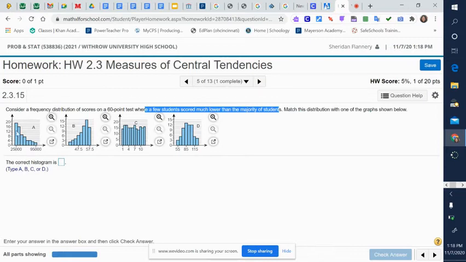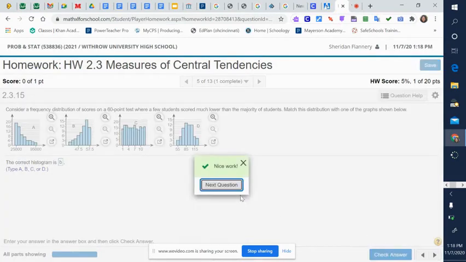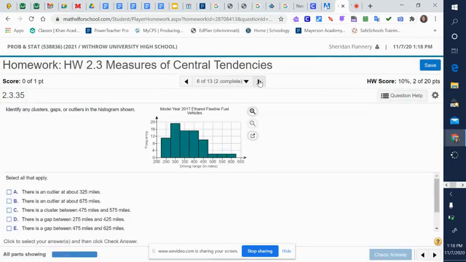Well, it looks like most people scored lower here. This is all about the same. This is, I don't know, it's kind of even. So a few students scored lower than most. I think it could be B or D. Let's try B. Let's see what happens. Huh, got it right. Next.